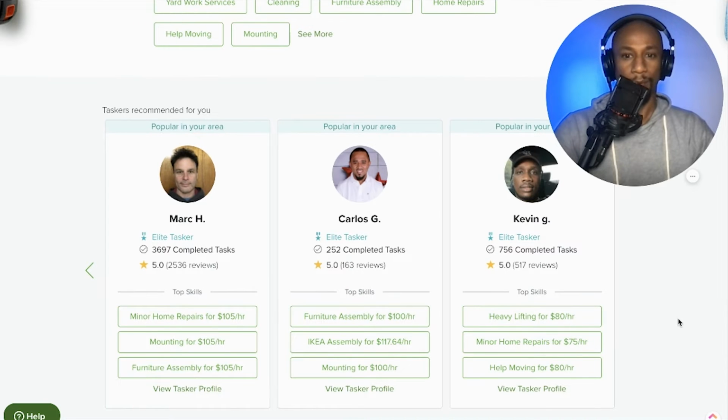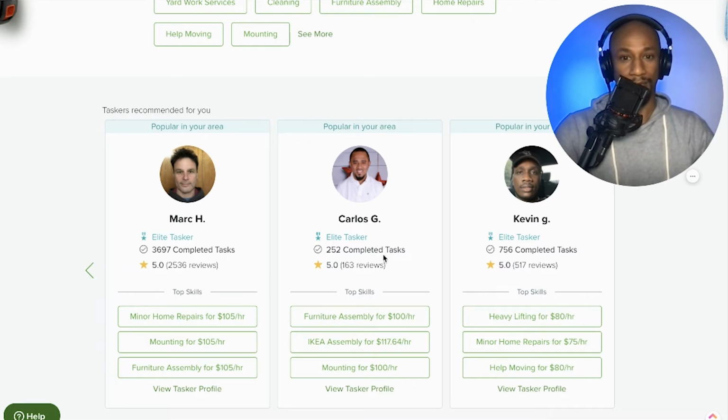And if you can see that we're seeing a lot of people that have an hourly rate of the minimum of $60 for moving, let's say, and you're in a busy area like Boston and you're just getting started, well, you can probably assume that you don't need to start at $20, right? Now, maybe you do just because you want to get a few jobs. You want to get that first booking under your belt, so at least you have some reviews and some completed tasks, and then you start to increase your rate.